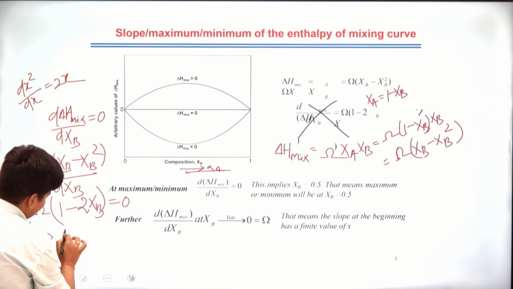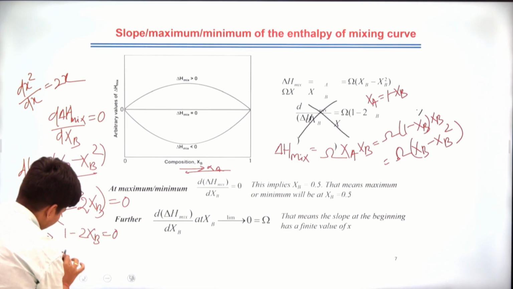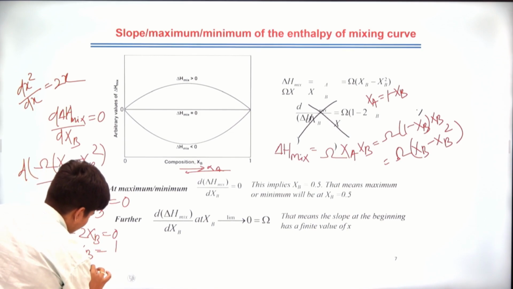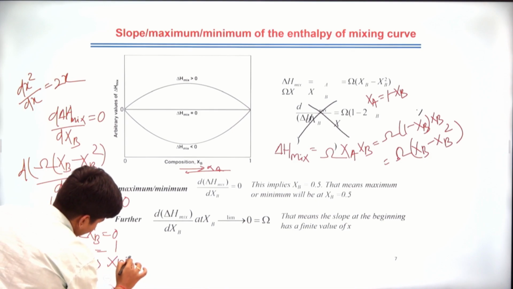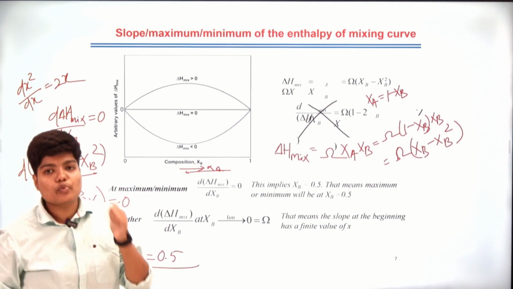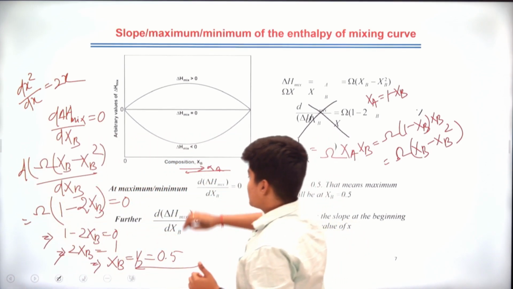From this we can derive 1 minus 2XB is equal to 0. So 2XB is 1 and XB will be 1 by 2, that is 0.5. Meaning at 0.5 molar composition the del H will be maxima.